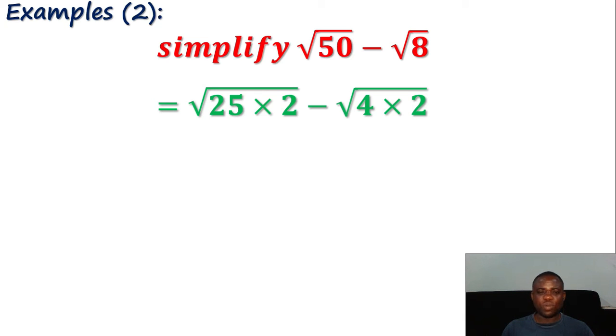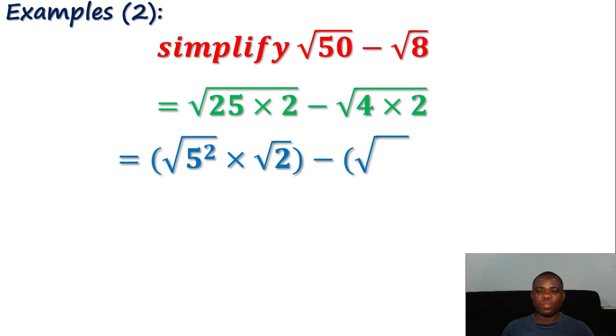Alright, so this will lead us to, and this is the same as, square root of 5 to the power 2 times square root of 2 minus square root of 2 to the power 2 times the square root of 2, based on the rule governing multiplication of sets.